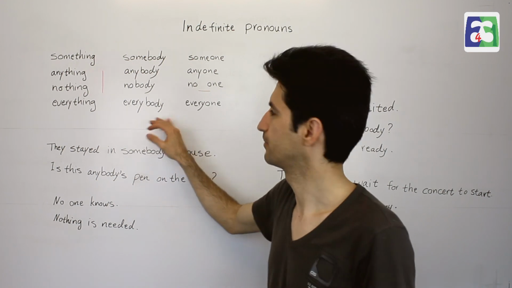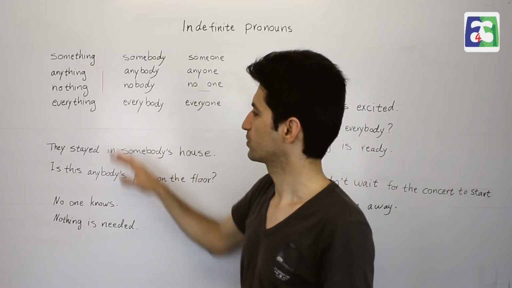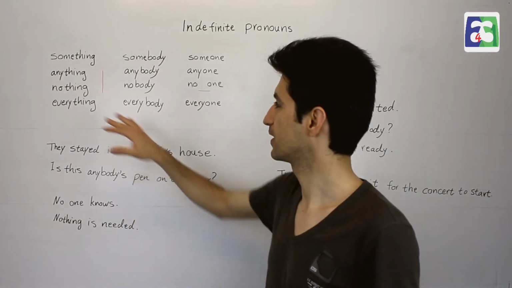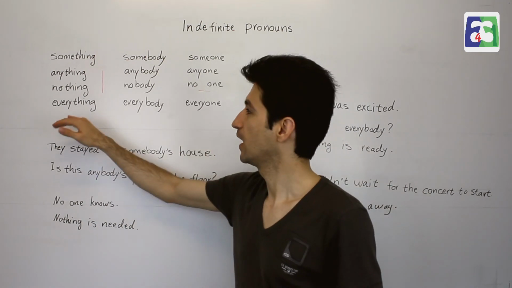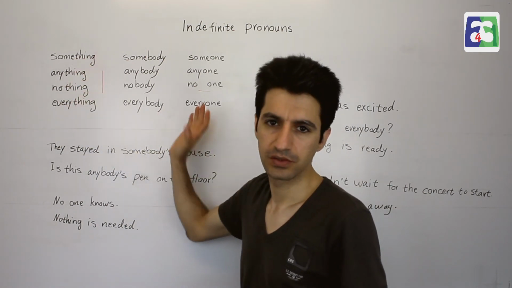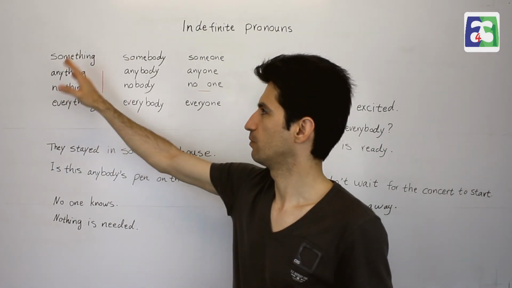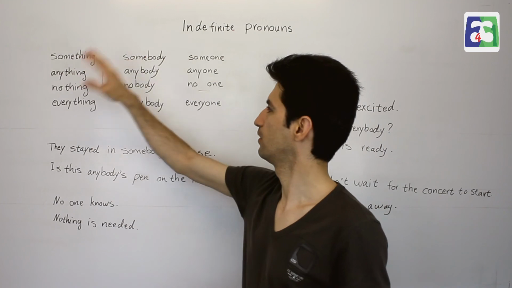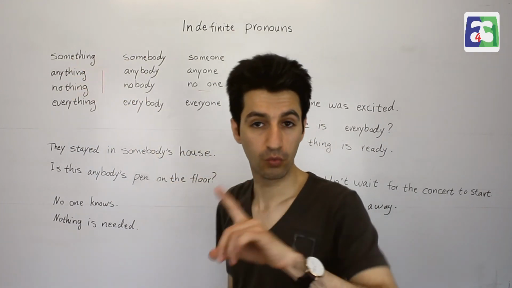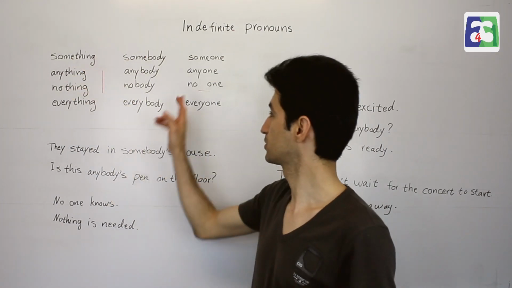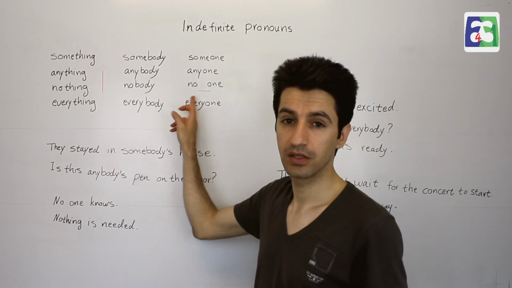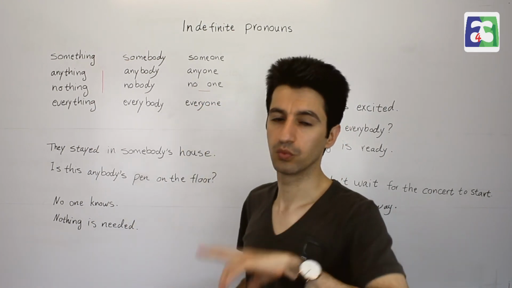It can be anybody, the people of a city, the students of a class, without mentioning anyone specifically. Before moving on, let me tell you something: all of these, some, any, no, every, I mean something, somebody, someone, and the rest, are one word, except no one. No one is two words.